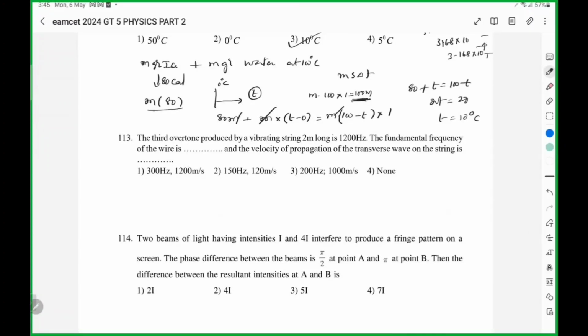Third overtone is fourth harmonic. In fundamental mode, string vibrates. This is the length of the string. V here is n lambda by 2.